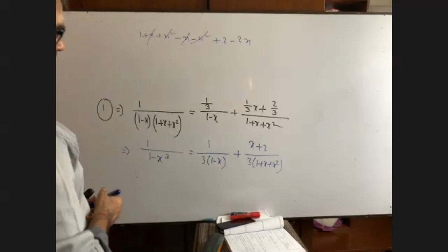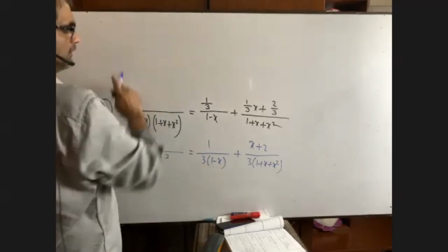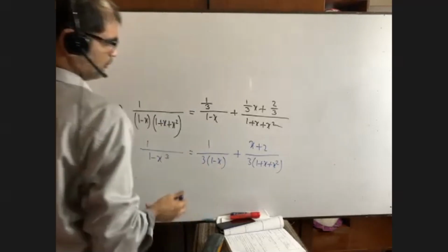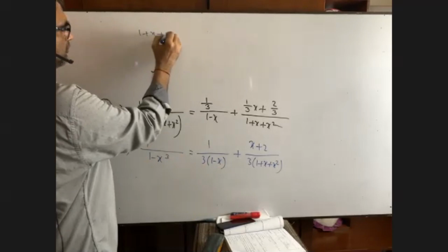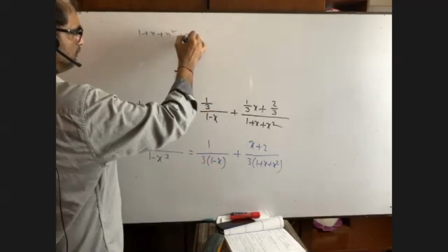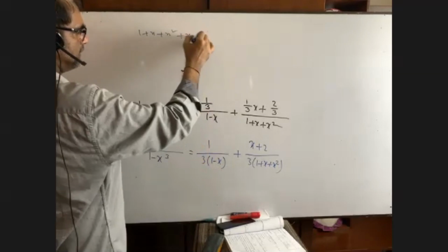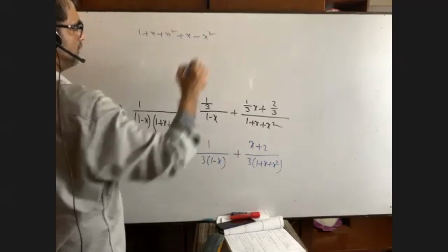Okay. 3 LCM. It is the LCM 3. So we are getting here 1 plus x square, then plus x minus x square, x square. Okay.